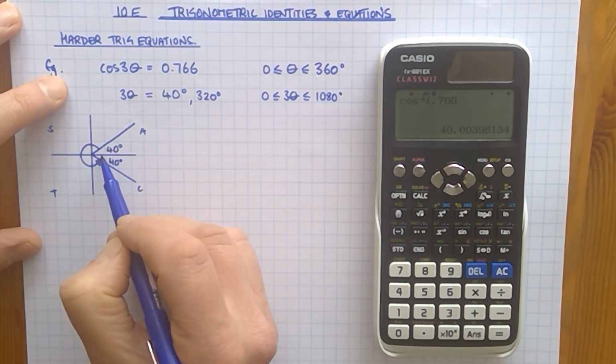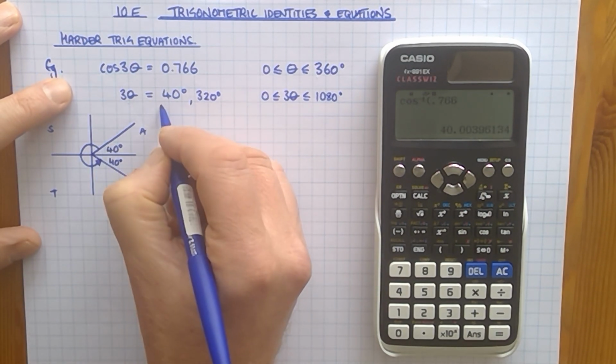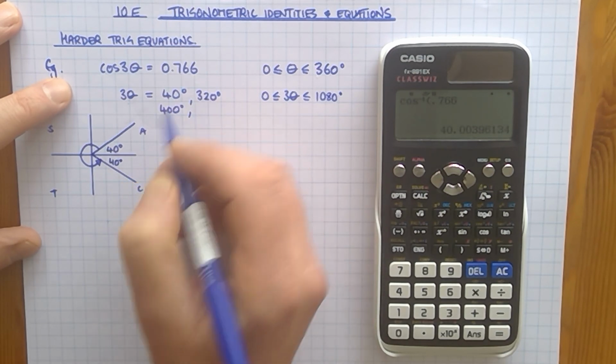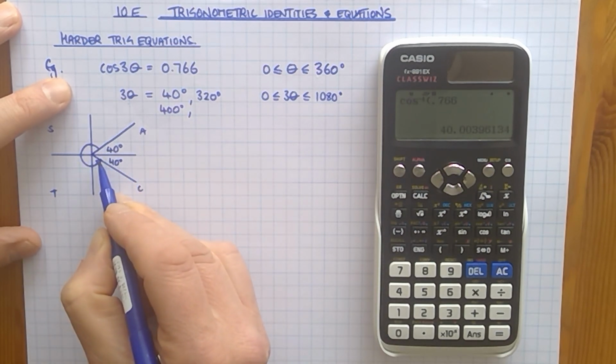We can go all the way around and then add on another 40, so we can have 400, or almost twice round.